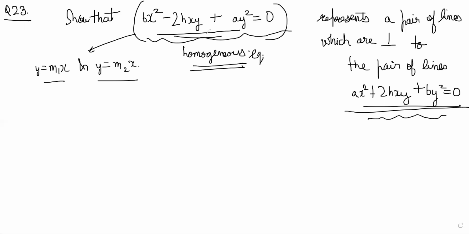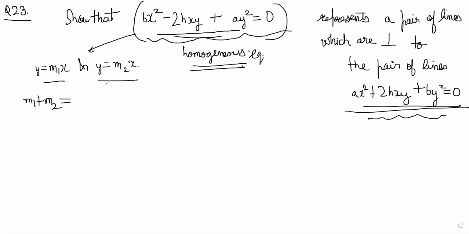There is no first degree term or zero-degree term, so it has to be straight lines that pass through the origin. We have seen that if the equation is homogeneous, then the line pair passes through the origin. So we already know the condition m1 plus m2 should be equal to minus 2h by b.